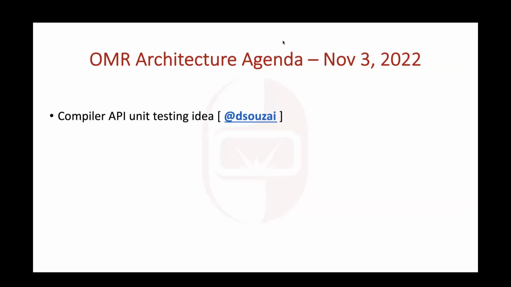Before I get into it, I wanted to put a mild disclaimer: the code and the prototype that I put up is not the end all. I think the reason I went down it was because I had an idea of how one might do unit testing, and I put it in the OpenJ9 issue, which I can put in the chat so people can read it, even though it's not part of OMR.